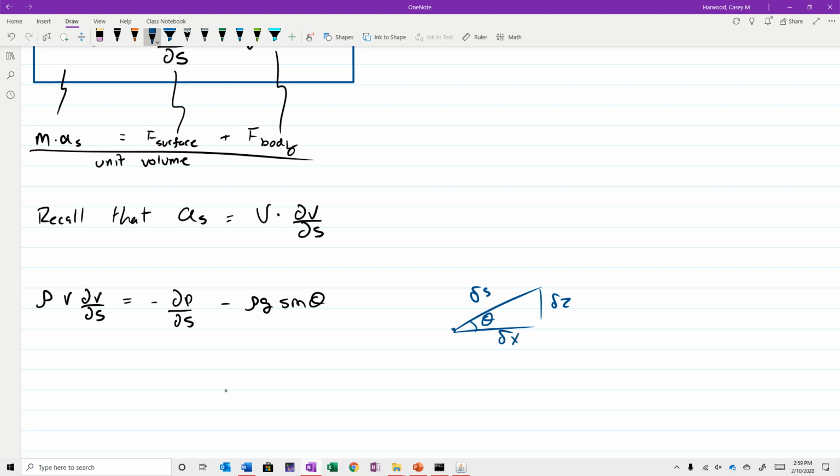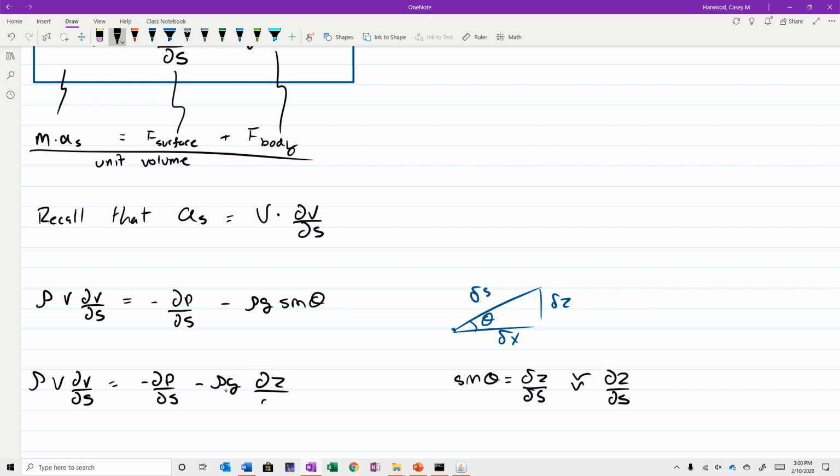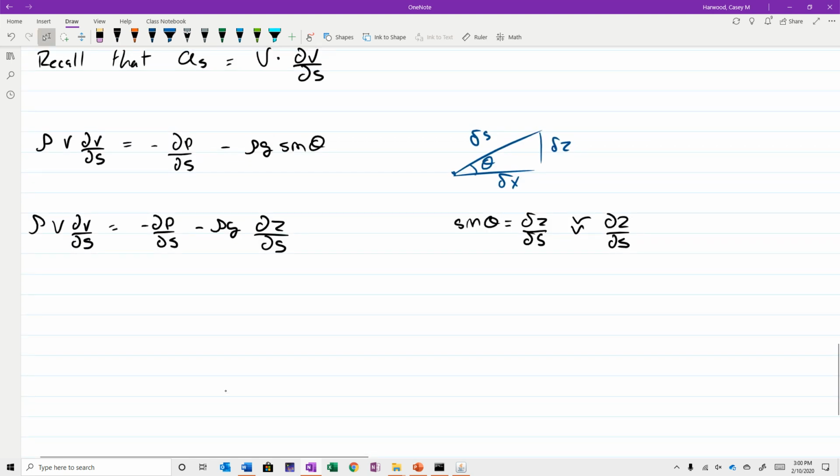So for a streamline inclined at some angle theta, we can say that sine theta is equal to delta z over delta s, which, as those deltas get very small, turns into the derivative of z on s. So rho v dv ds is equal to negative dp ds minus rho g dz ds. We are almost there.